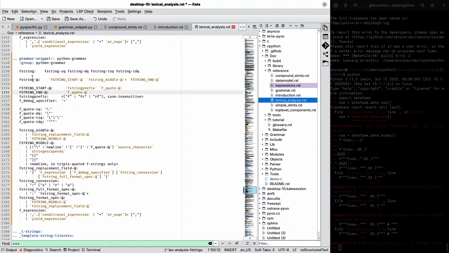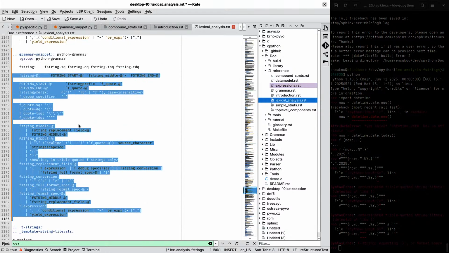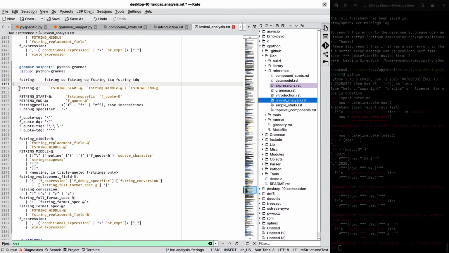Right, so all of the rules defined in the grammar you basically take them and you repeat them 4 times, once for each of these prefixes. The only exceptions are string prefix, which is F, FR or RF, debug specifier, which is always an equal sign, f-string conversion, which is 2 characters, and f-expression, right?